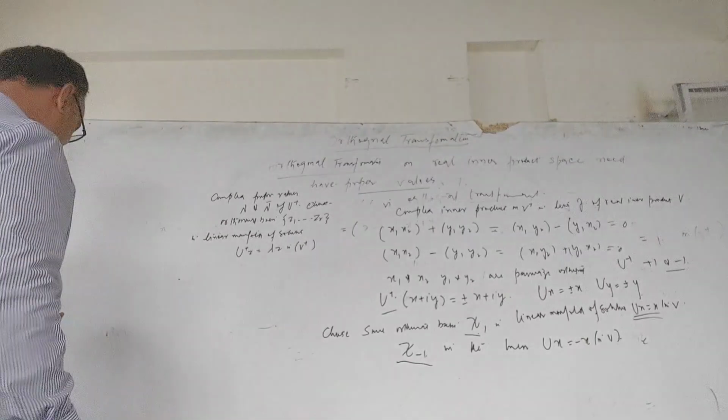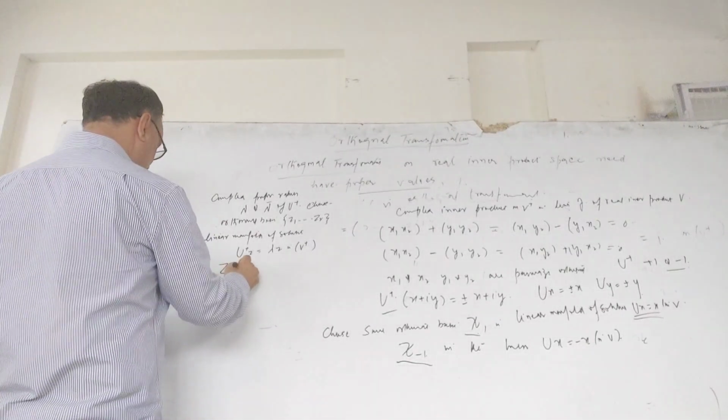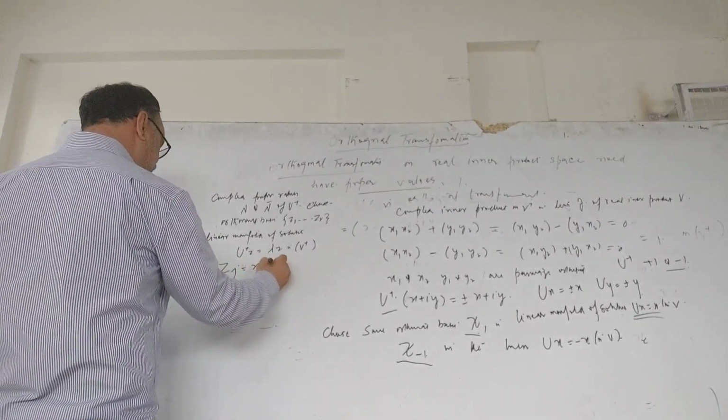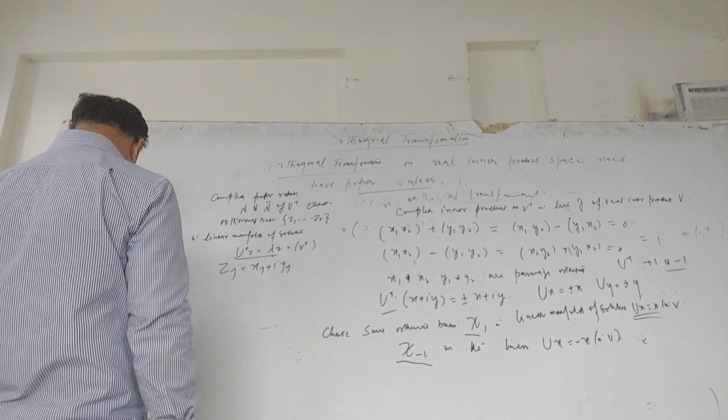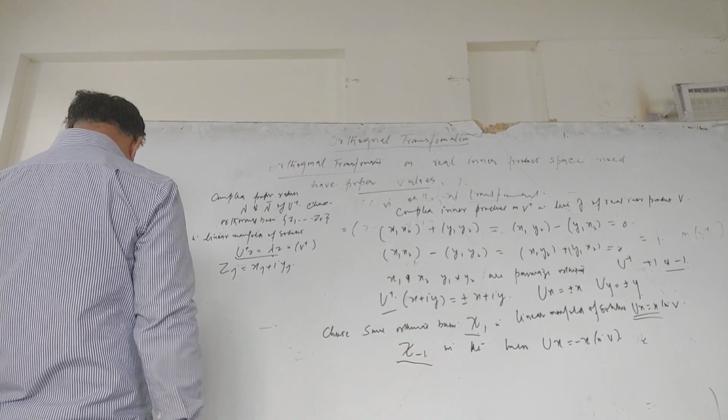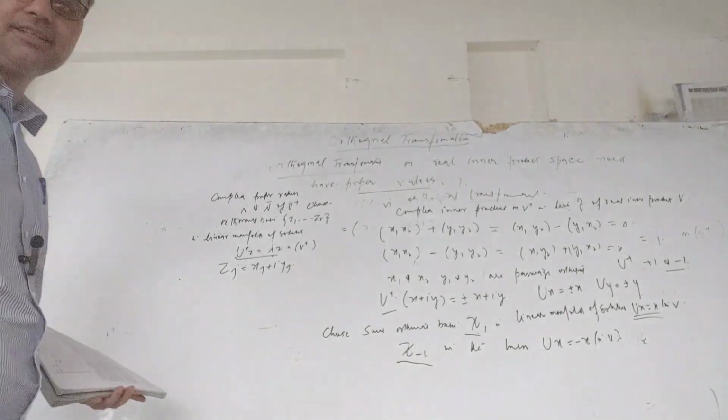And if this is a complex number, zg is equal to xg plus iota yg, this is one solution.